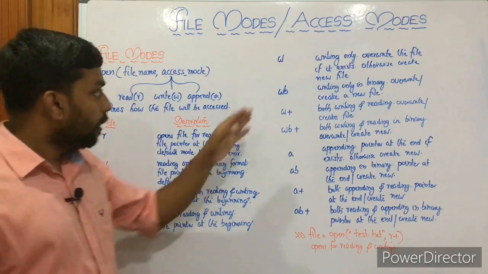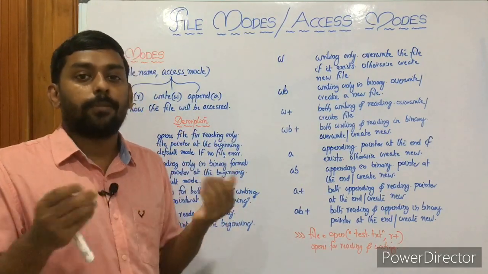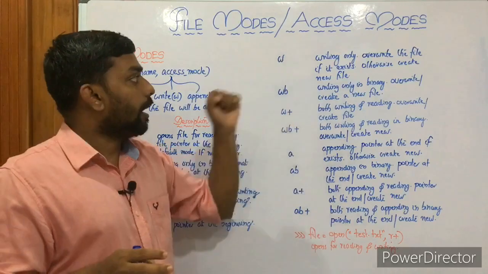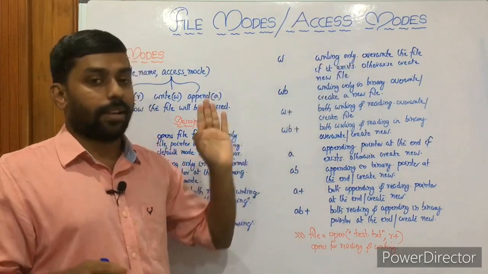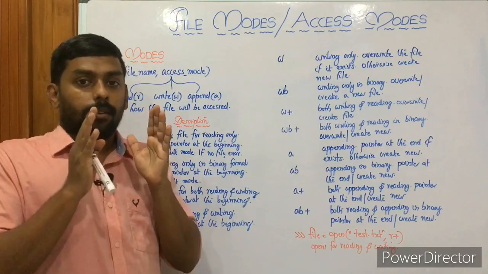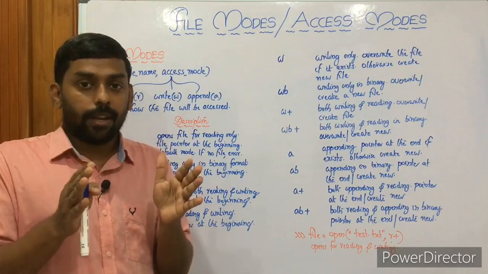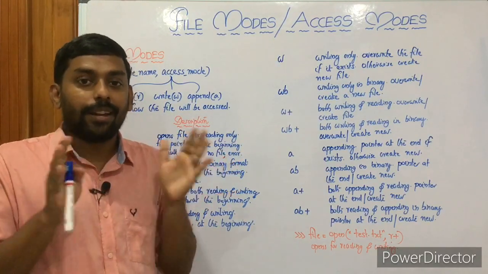Okay, yeah. Then W, let's start. Okay, let's move on with W. W stands for writing. So writing only, W for writing only, and overwrite the file if exists, otherwise create new. What is the meaning? That means W stands for writing. Okay, writing in the sense we can write data afresh.